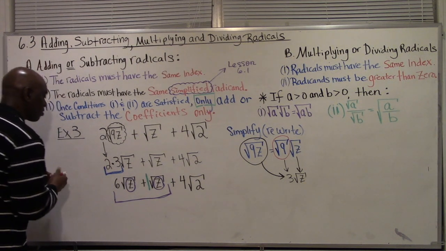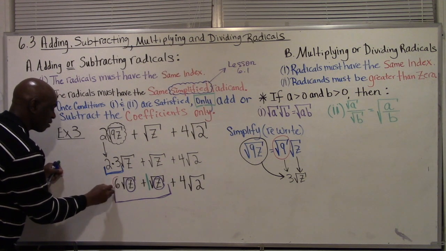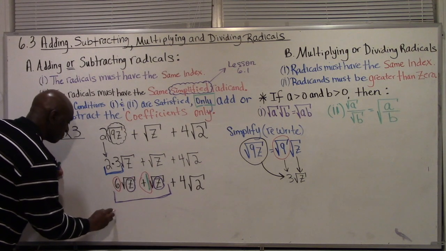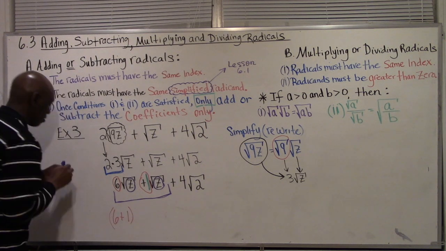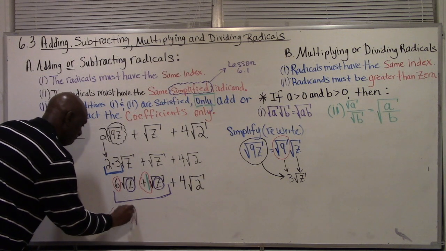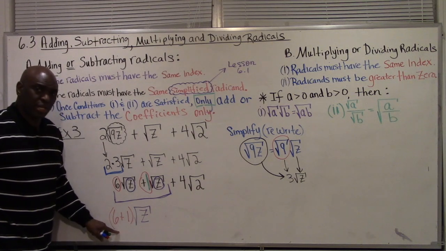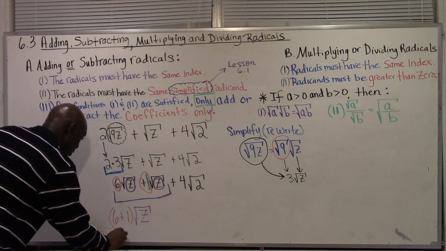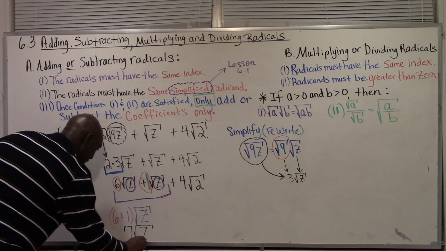So it's going to be 6 plus 1 square root Z. Does anyone know what 6 plus 1 is? Yep, 7. So we're going to have 7 square root Z.